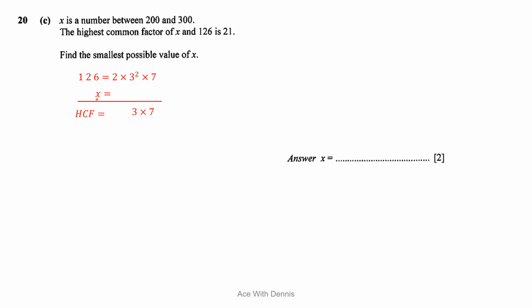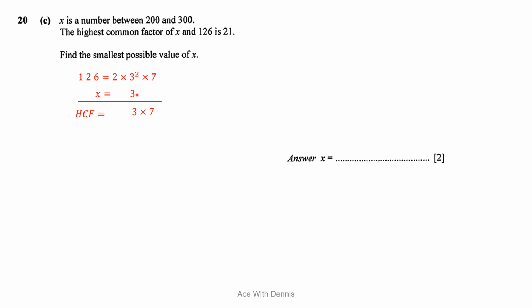So firstly, x cannot have 2 because in the HCF there is no 2 here. So only 126 has the 2. So we don't pick 2 for the HCF. Now move on. For 3, the x must have a 3 here. There is no square because 126 has 3 squared and x has 3.